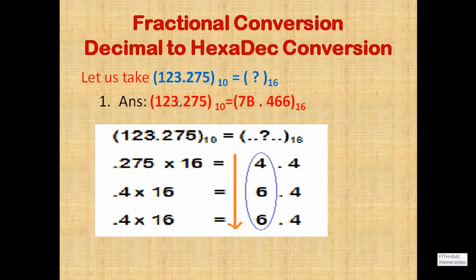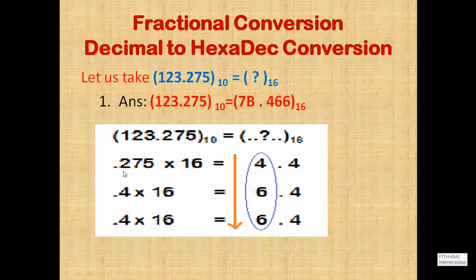So 123 will be converted as we did in the previous slide. You may use the same process, and you will get 7B as the hexadecimal equivalent of this integer number, and for the fractional part we will follow this method.